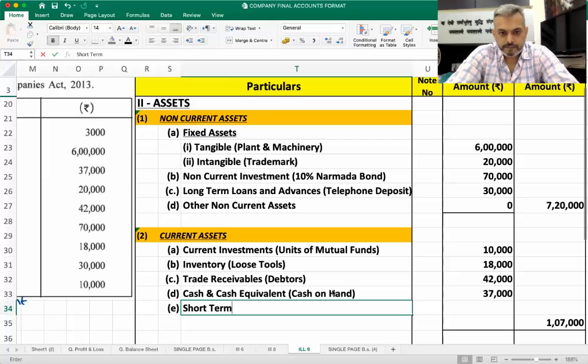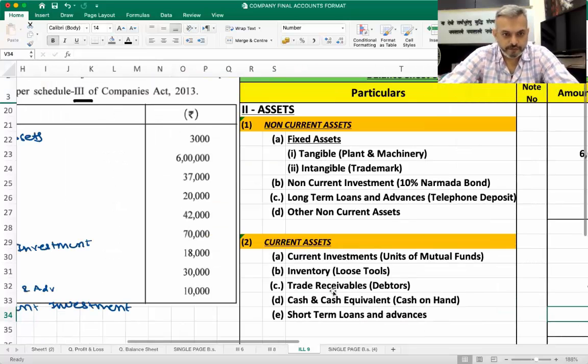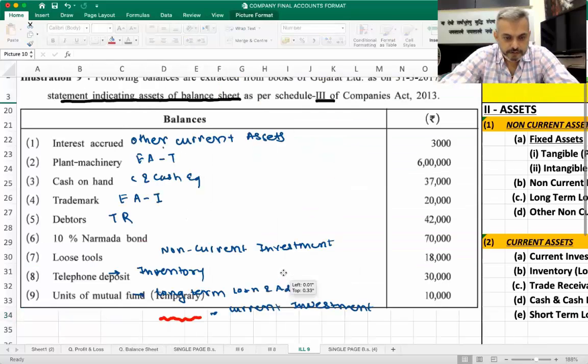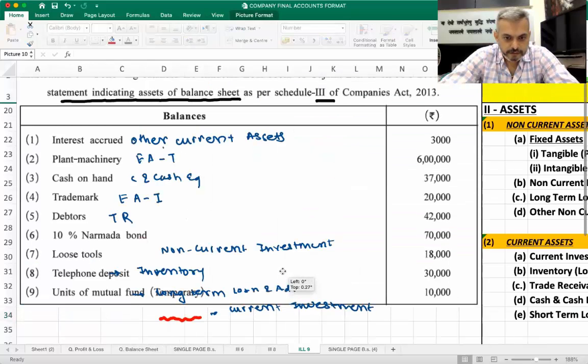Short term loans and advances. Now short term loans and advances. We don't have anything, so 0.